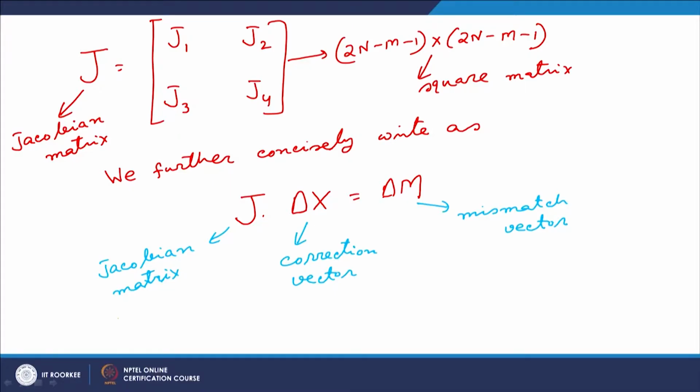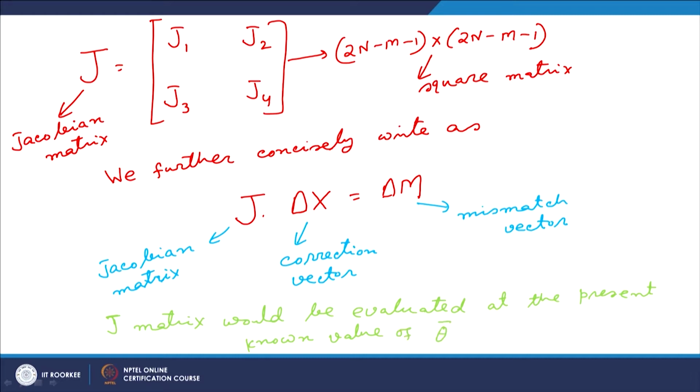So now, how to calculate this J matrix? We note that this J matrix would be evaluated at the present known value of vector theta and vector v.